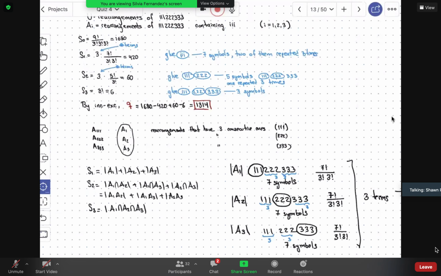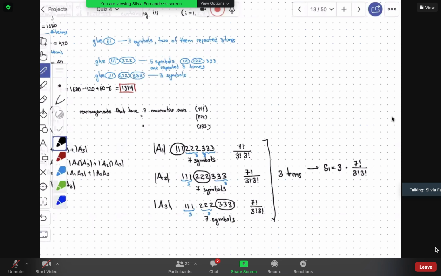If it was more than 3 terms, it would be a little more complicated, right? It would be like 4 choose 1 or something. If you had 4 sets, A1, A2, A3, A4, and they happen to be all the same counting, that would be 4 times whatever your counting was.